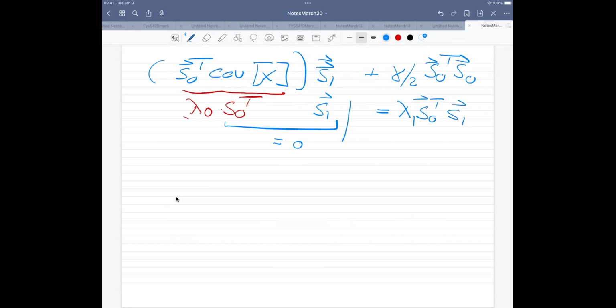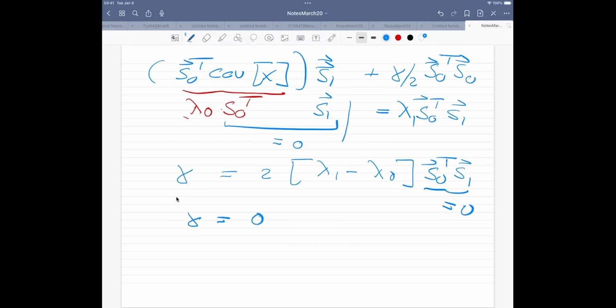Now, if I sort this out, what I get then is that gamma is equal to 2 times lambda 1 minus lambda 0 multiplied with S1 transpose times S0. And this quantity is actually equal to 0. So gamma is equal to 0.